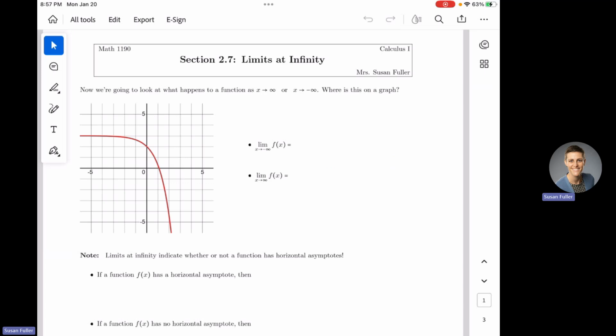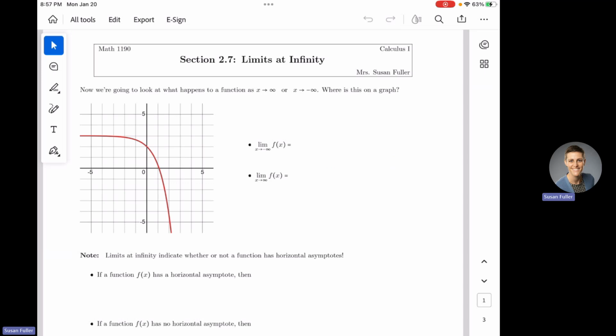Limits at infinity. So when we are talking about limits at infinity, what we're talking about is we want limits where x is heading toward infinity and negative infinity. We've seen limits where we take x approaching a number and what we get out of that limit is infinity or negative infinity.